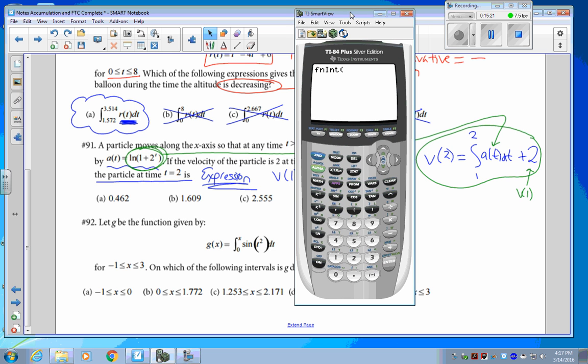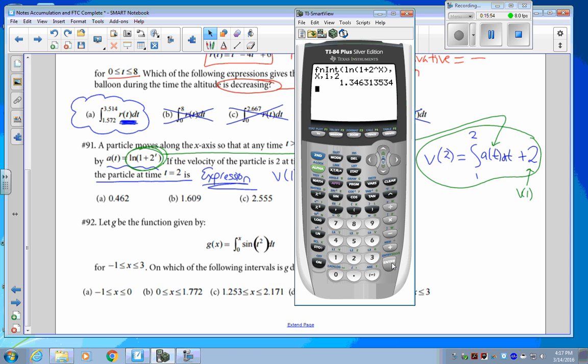So I am doing a of t, which is natural log of, extra parenthesis, 1 plus 2 raised to the t, and I'm going to use x, and the comma, I think it is 1 comma 2 comma x. I think that's right. Nope, I have that backwards. So this should be x comma 1 comma 2. Sorry, I can't remember my old school calculator.